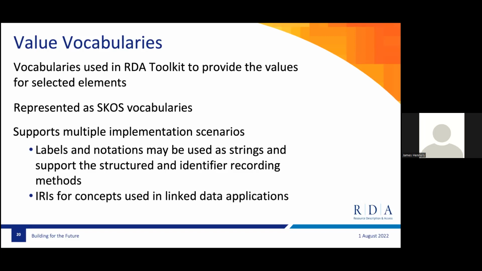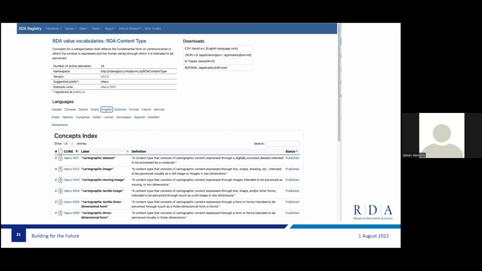And of course, the IRIs for concepts in the value vocabularies are used in linked data applications. So this is an example of a value vocabulary page in the RDA Registry. This one is for RDA content type. It has the same navigation as the element sets. There are various translations available, and more information can be found about each of these by clicking on the double arrow.